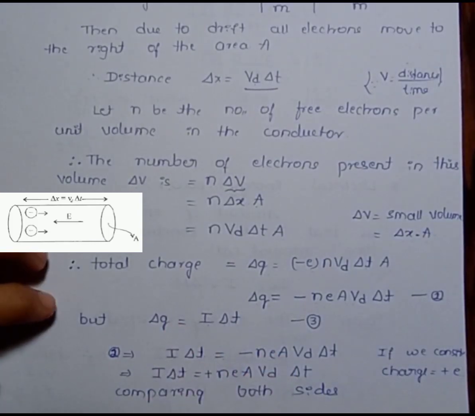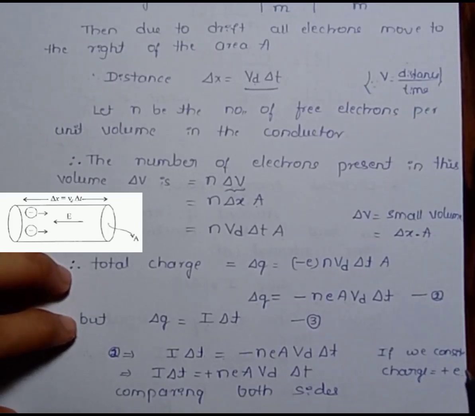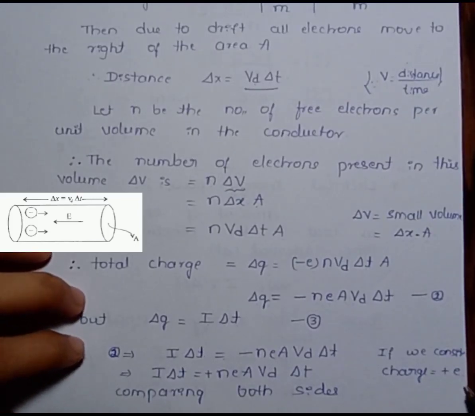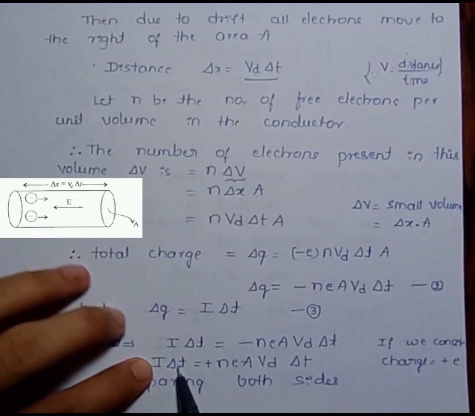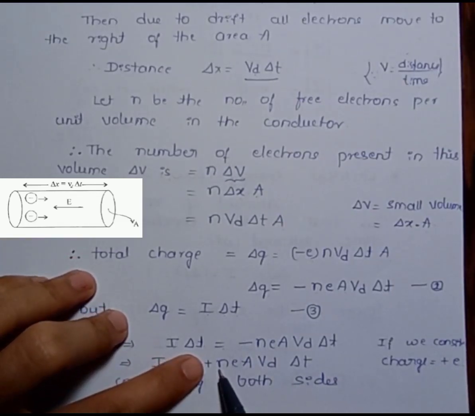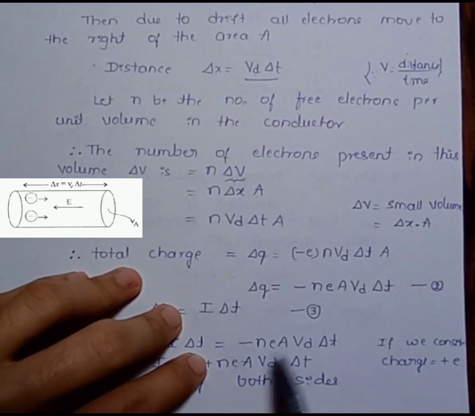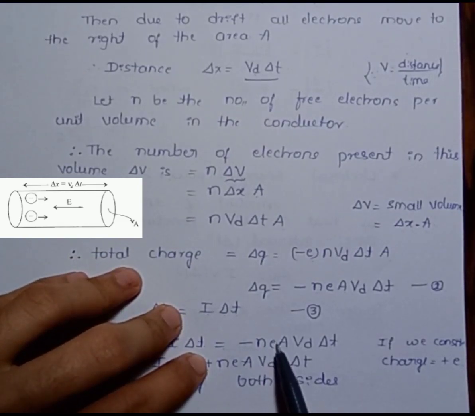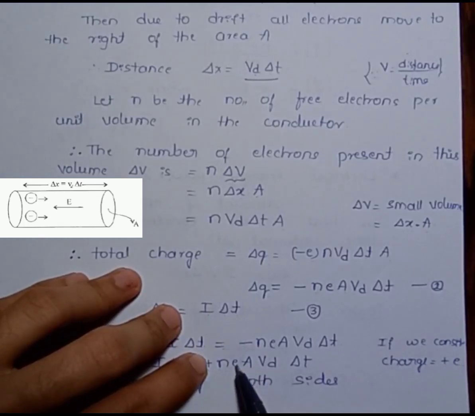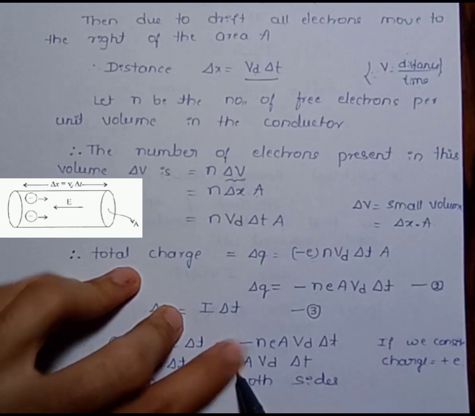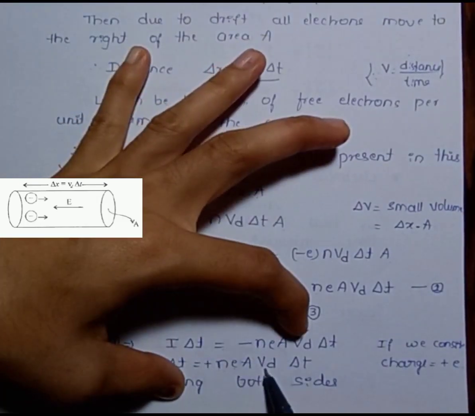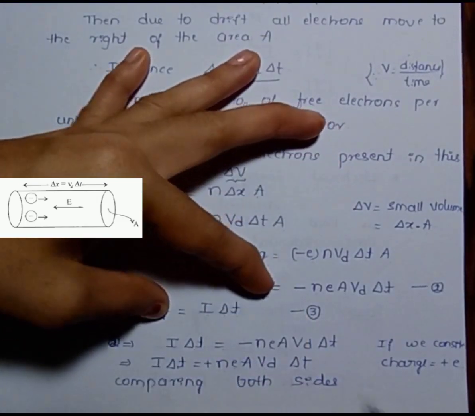If we consider the charge as positive e, because free electrons have negative charge minus e, then it becomes I into delta t equals plus n e A Vd into delta t.